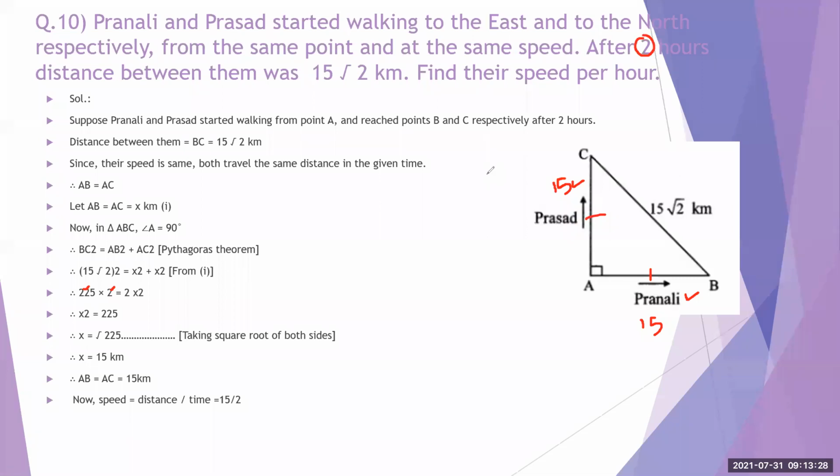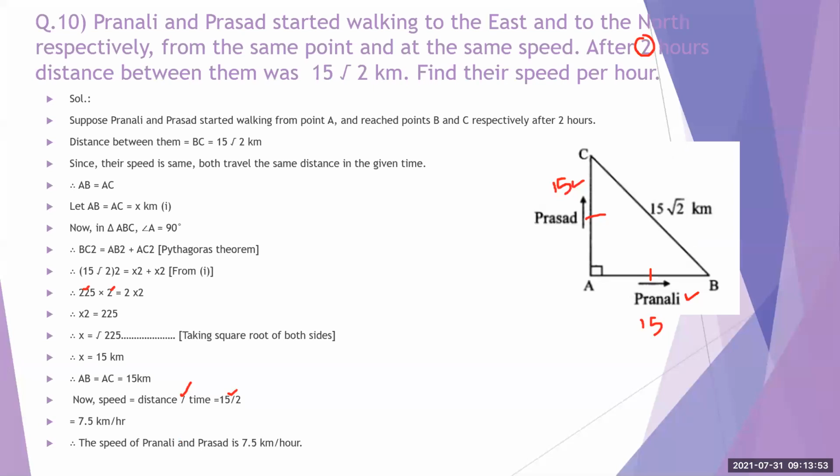So we know the formula for speed is distance upon time. Therefore, we take 15 divided by 2, and that is equal to simply 7.5. It is equal to 7.5 kilometers per hour. And this is what you had to find out. And since it was asked in words, in the last we are writing in words, that the speed of Pranali and Prasad is 7.5 kilometers per hour.